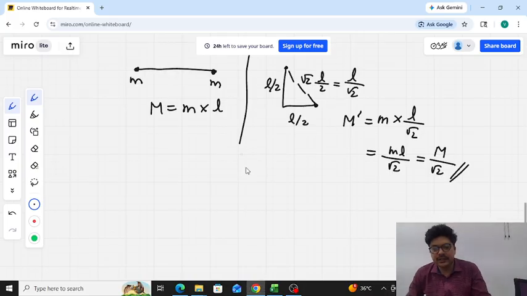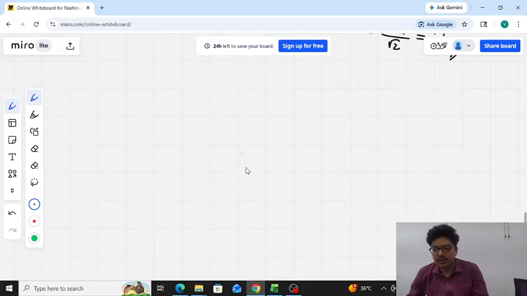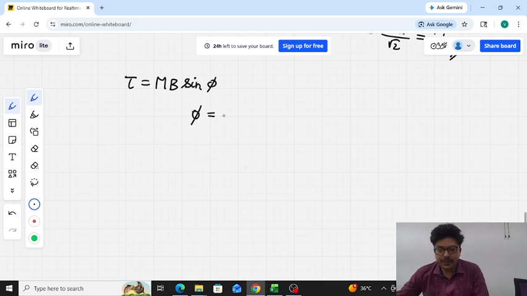So the torque is given as torque is equal to MB sine phi, where phi is the angle between M and B, the M vector and B vector.